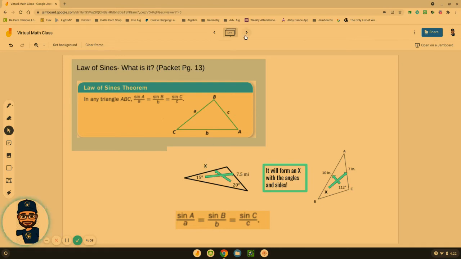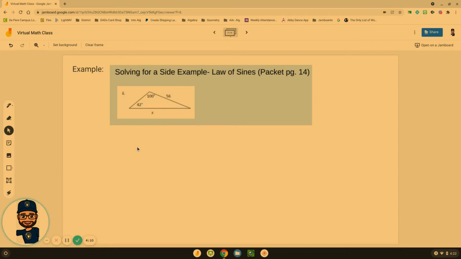All right, let's take a look at what this looks like in an example, though. This is, again, page 14 of the packet. I have this triangle, clearly not a right triangle, because I've got 100. And so we're trying to find side X. So what I can do is these two are in a relationship, and these two are in a relationship.